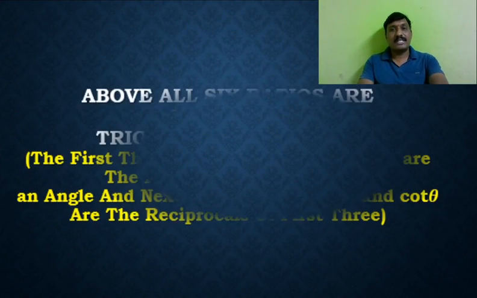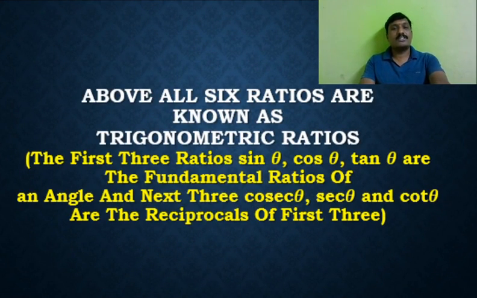My dear children, now you have studied the 6 ratios. These 6 ratios are called trigonometric ratios. Briefly recalling once again, the first 3 ratios, sine theta, cos theta, tan theta, are called the fundamental ratios of an acute angle.